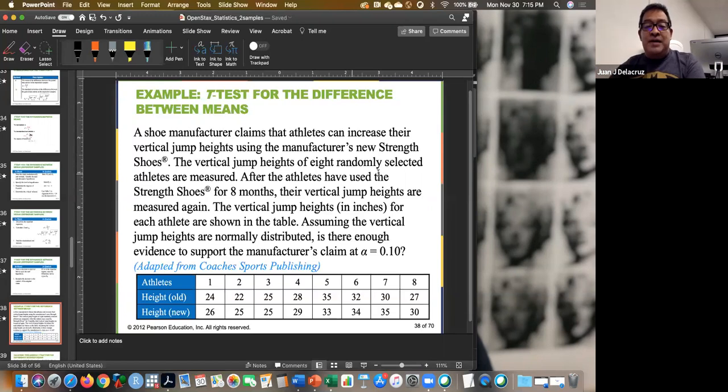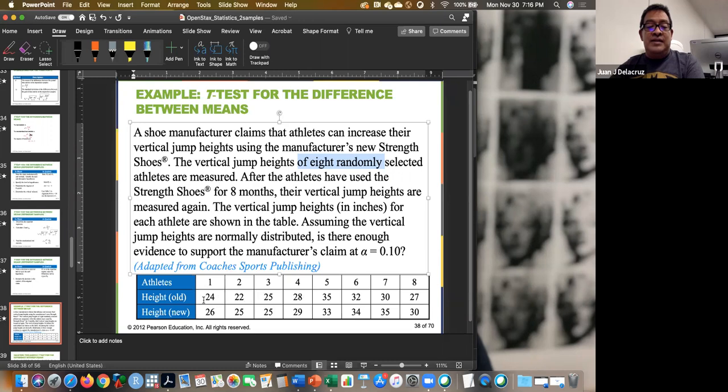The vertical jump heights of 8 randomly selected athletes are measured. After the athletes have used the strength shoes for 8 months, their vertical jump heights are measured again. The vertical jump heights in inches for each athlete are shown in the table. So we have the table here with the different jumps.